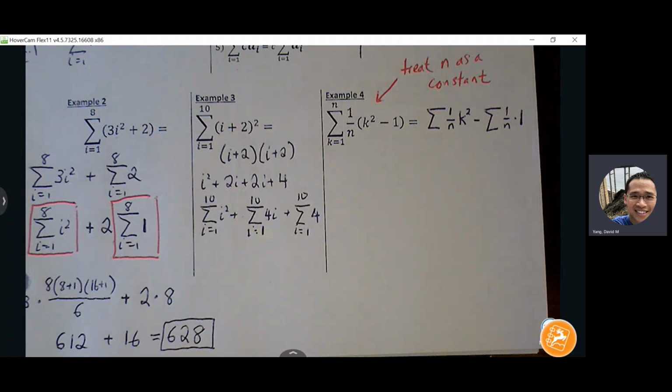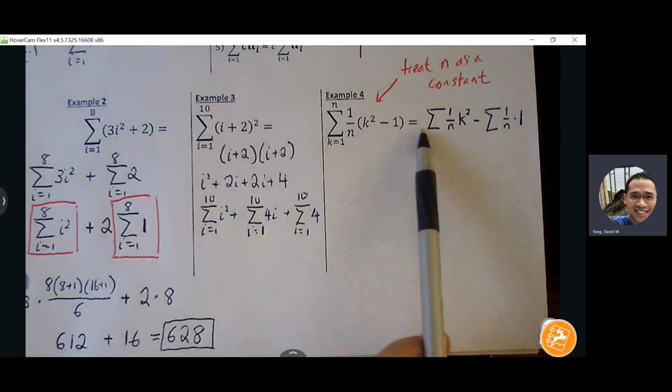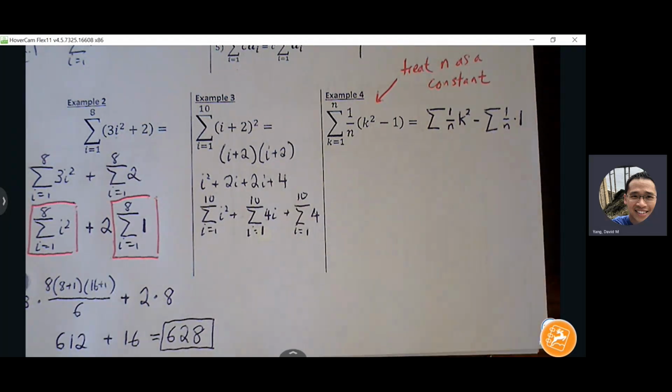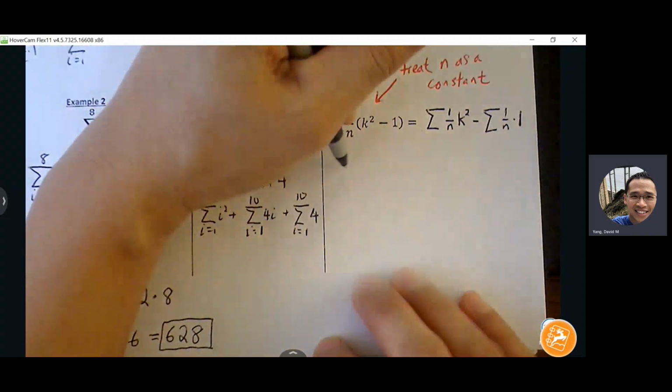So I'm just distributing the 1 over n through. I'm separating into 2 summations. But as soon as I do that, I'm going to pull the 1 over n out in front of the summation because I know it's not going to change. It's going to just stay as n.